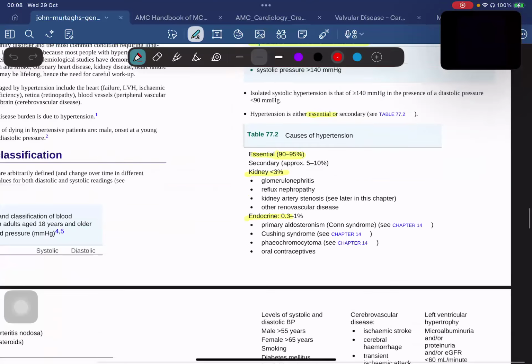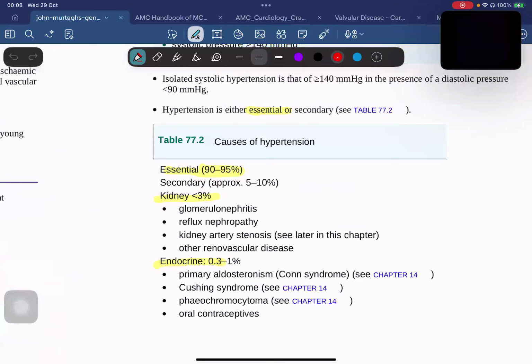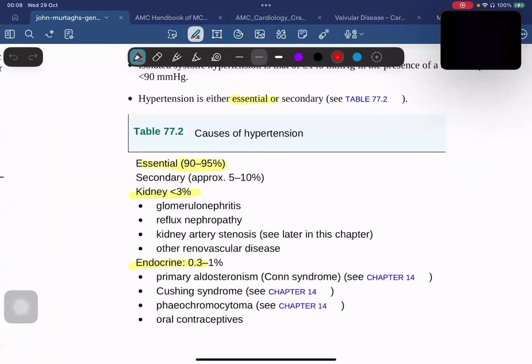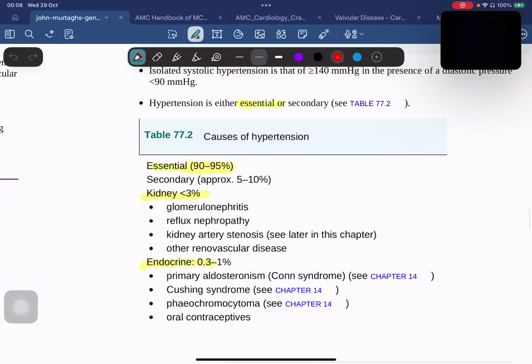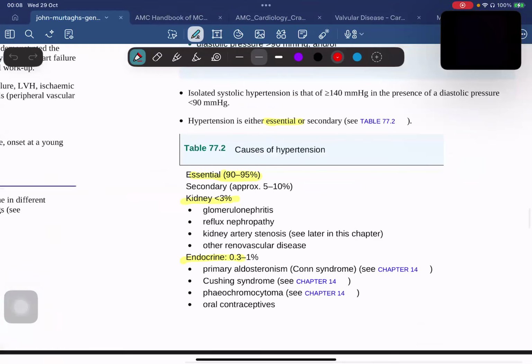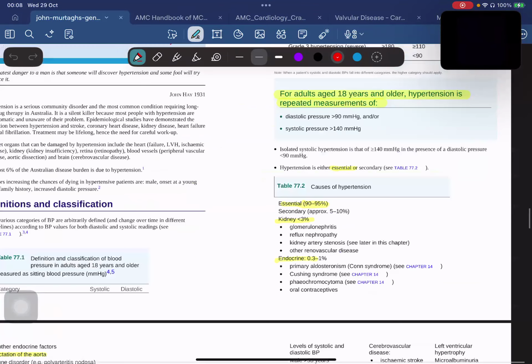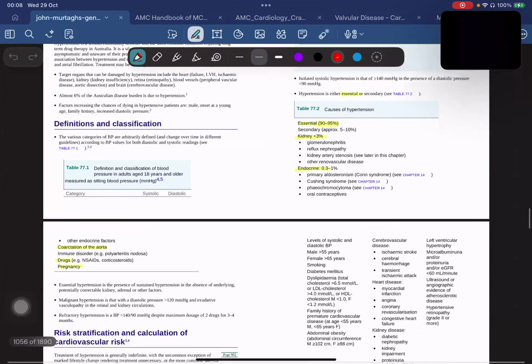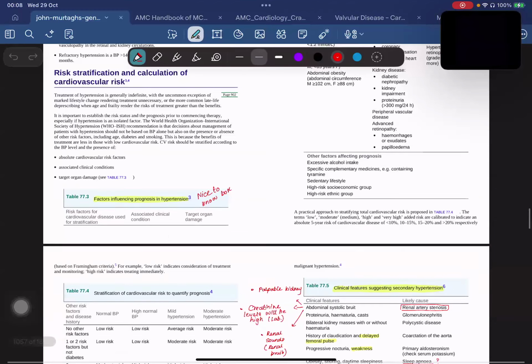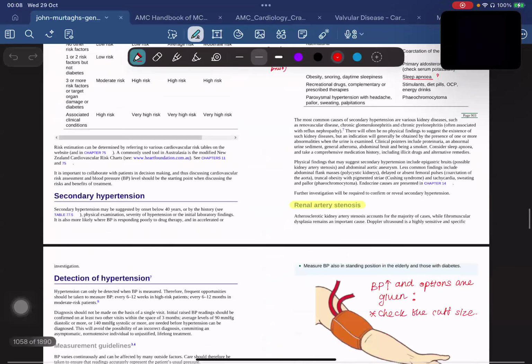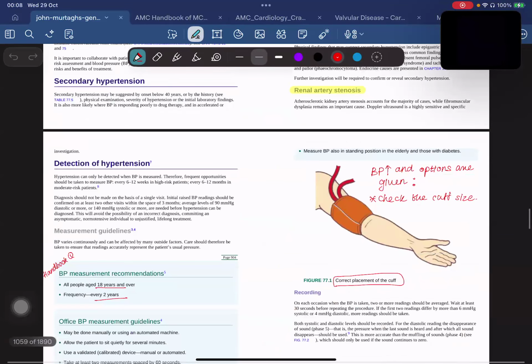And just a bit of causes of hypertension, it's good to know. Kidney and endocrine, and you could relate hypertension to almost all the systems. So just good to have a read through and know what has what.